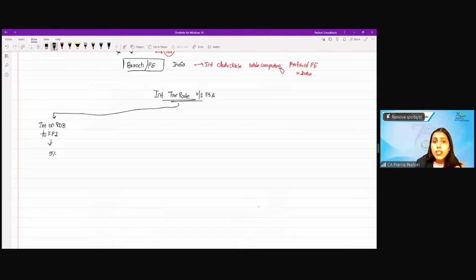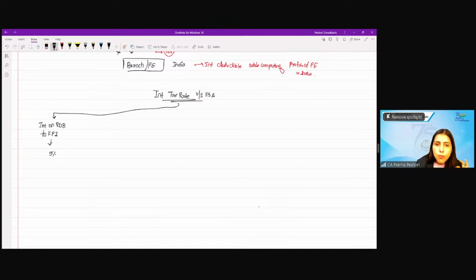All you need to do is study everything together, what is linked, and by that way, you will even remember the provisions. Otherwise, if you study separately, you won't be able to remember. So this is the pattern that you have to follow even for revising for your exam. Are we getting it? So interest which is payable on the rupee denominated bond.